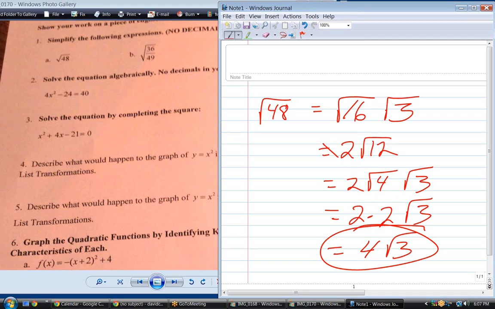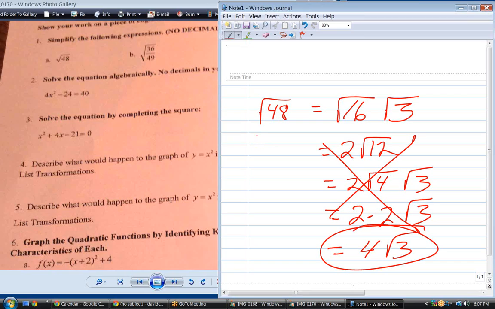In other words, I don't have to do any of those steps there. I merely have to convert the square root of 16 to 4, and I have my final answer. So whenever you're simplifying these radical expressions, the idea is to find a factor of 48 that is the largest perfect square you can find.